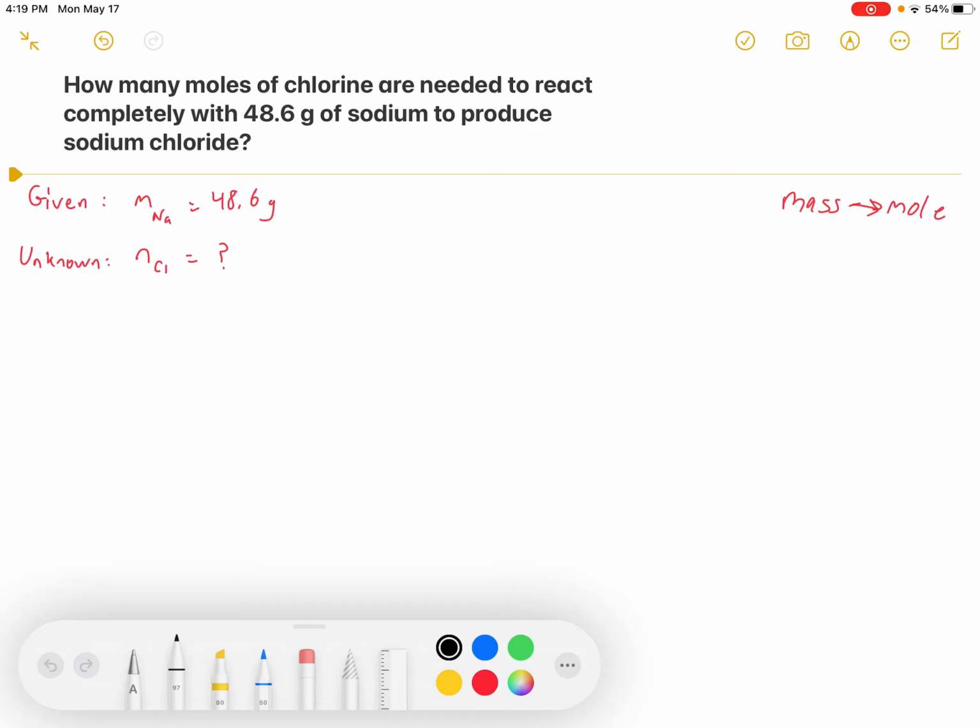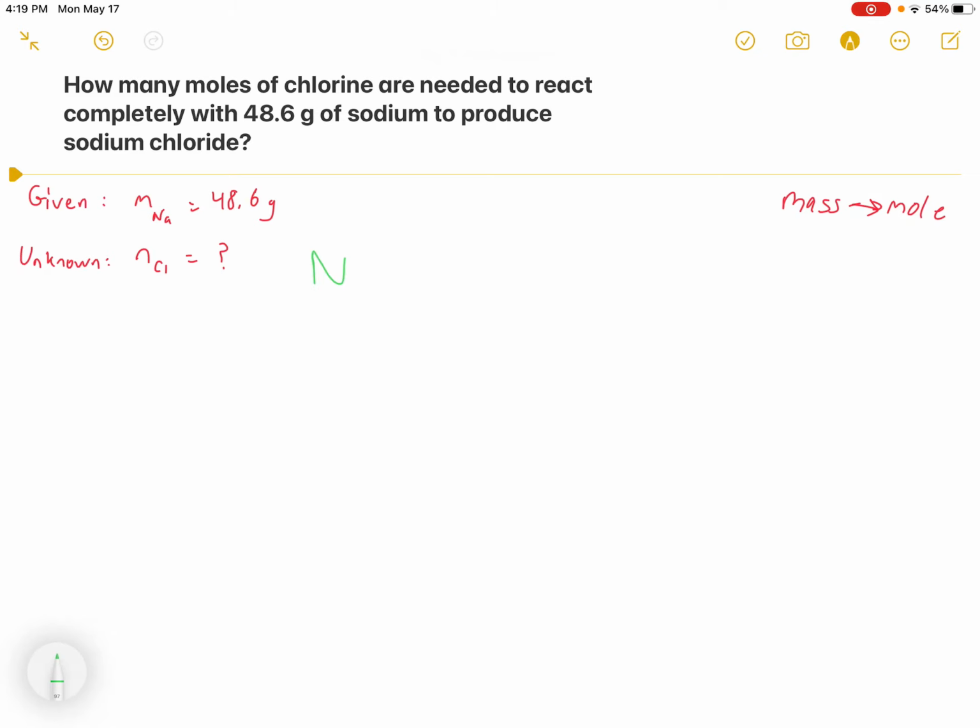So our first step, now that we've identified what's given and what's unknown, as with all stoichiometry problems, we'll need a balanced equation. The question asks about moles of chlorine, and we are starting with sodium as well and producing sodium chloride.